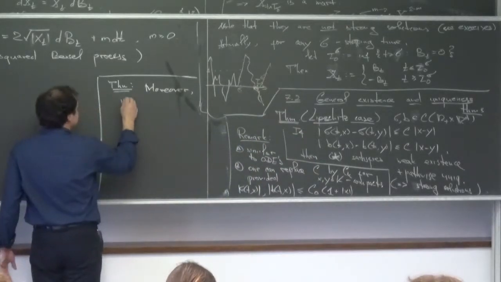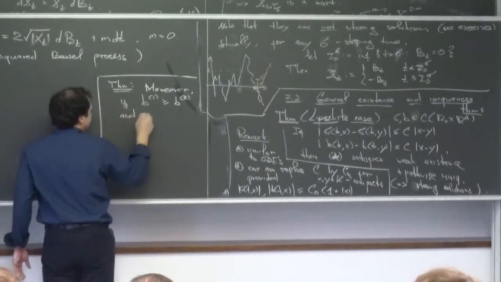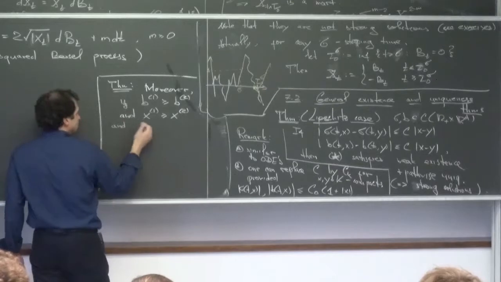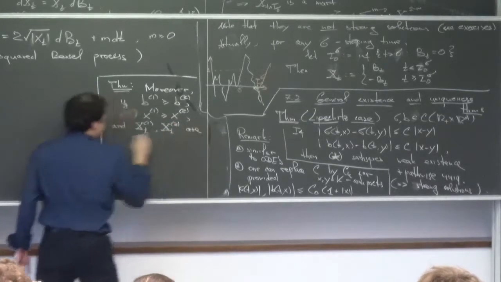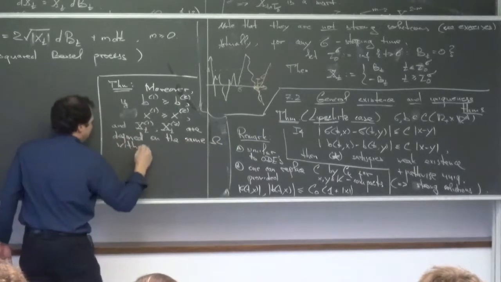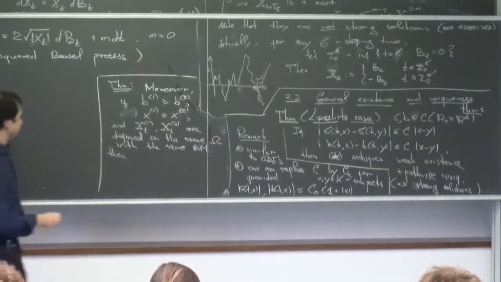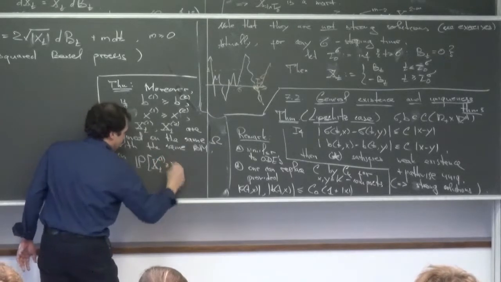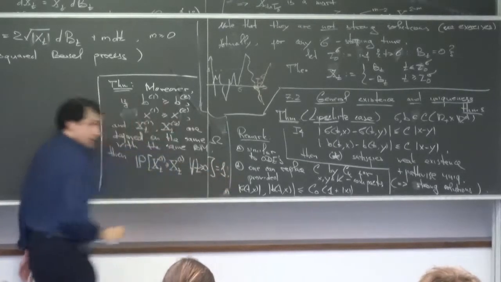So moreover, if b^1 is greater than b^2 and x^1 is greater or equal than x^2, and X^1_t, X^2_t are defined on the same omega with the same Brownian motion, then the solution stays above forever. This is x small, this is x capital.